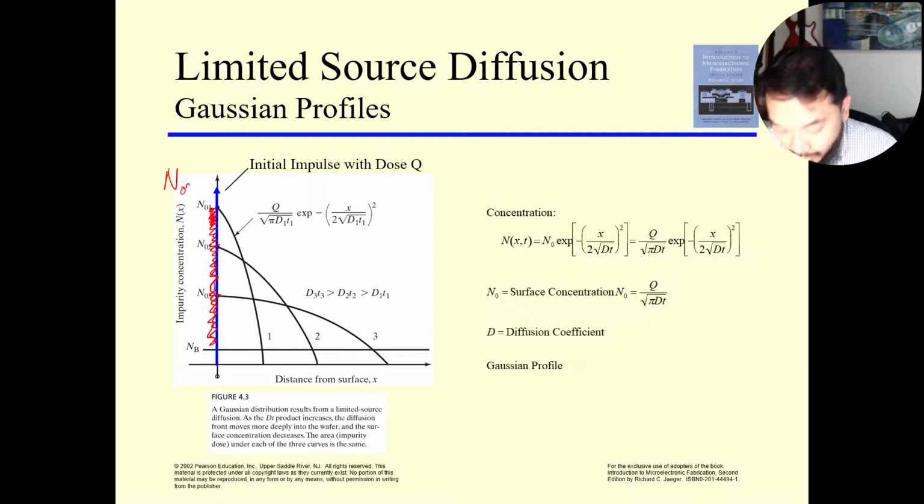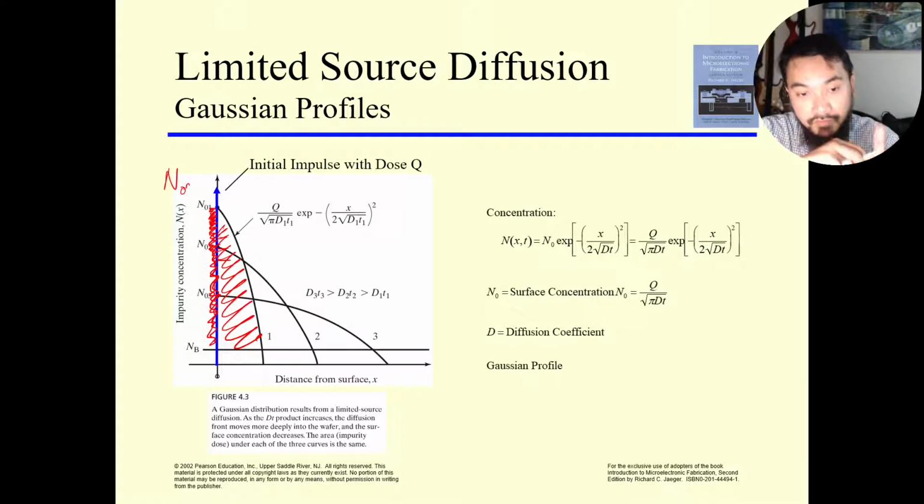Some of the impurity atoms on the surface will start to diffuse into your silicon wafer. As they diffuse inside, some atoms will definitely reside in this region here. So what will happen to the impurity atoms on the surface? The concentration will be reduced. Why? Because some of them have already diffused into the material, so less and less impurity atoms will exist on the surface.